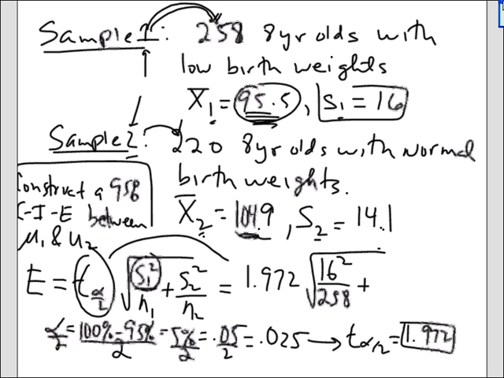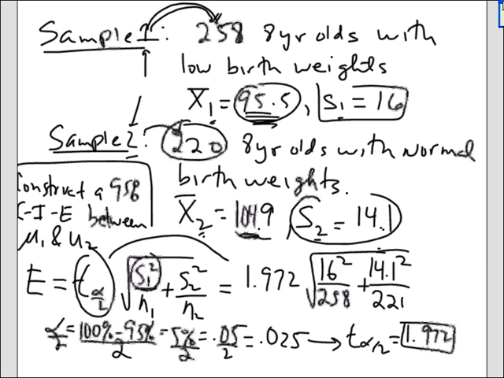Plus S sub 2, which is 14.1, square it, divide by that sample size, which is 220. Okay, calculate that square root part, multiply it by 1.972, and the value that you get is 2.715.